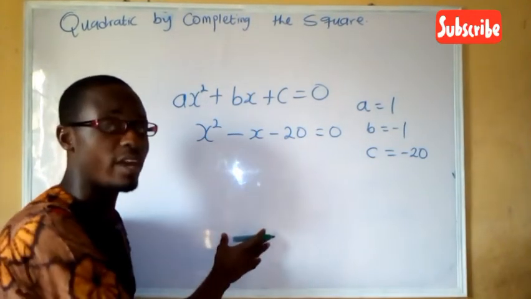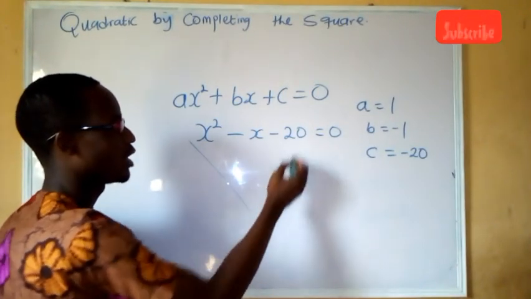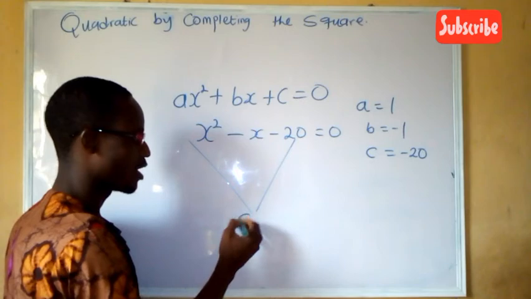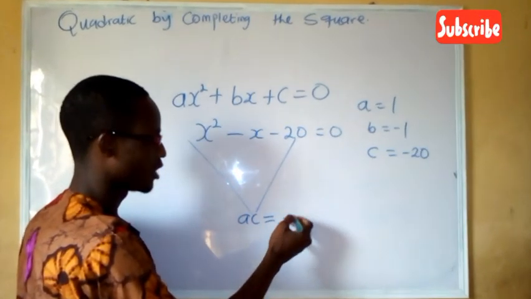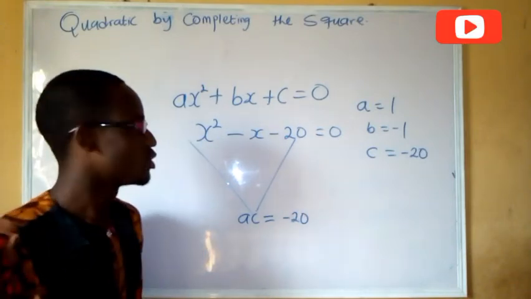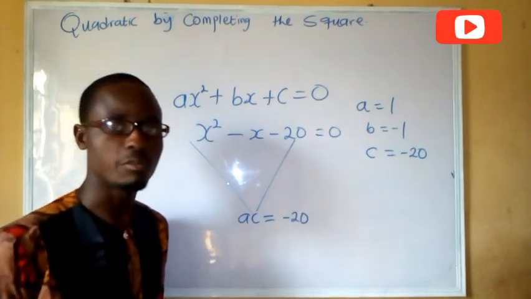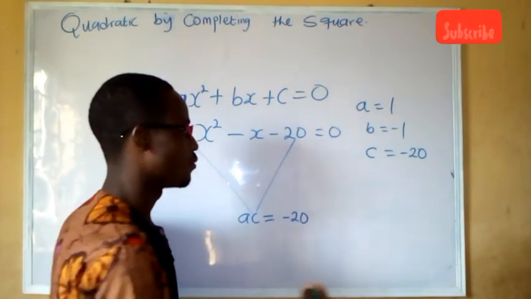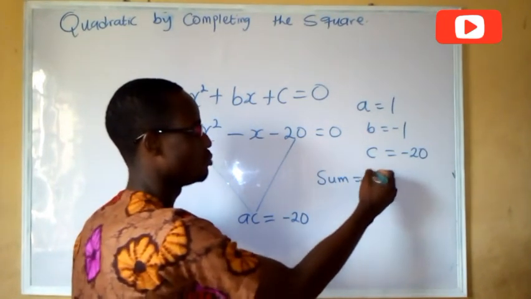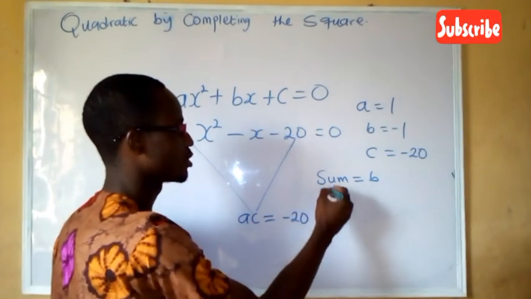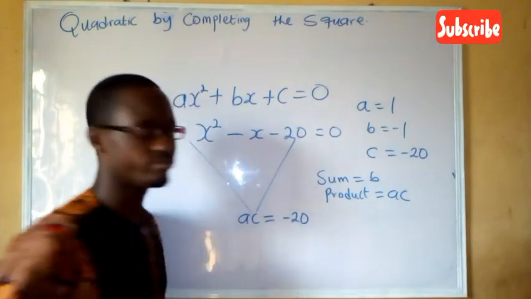In factorization, if I am to solve this, I'm going to multiply the coefficient of x squared with c. So definitely I'm going to have ac here, and that ac gives me minus 20. However, I'll look for two numbers, which we call factors, of which when I add them, the sum must be equal to b, and the product must be equal to ac.